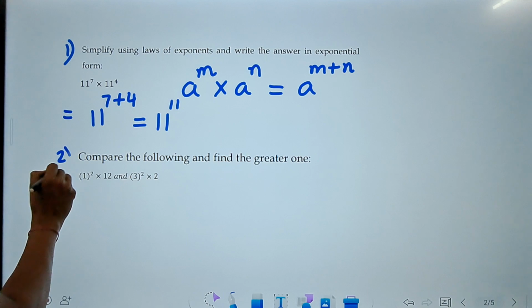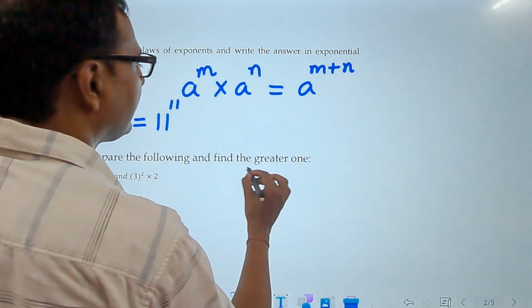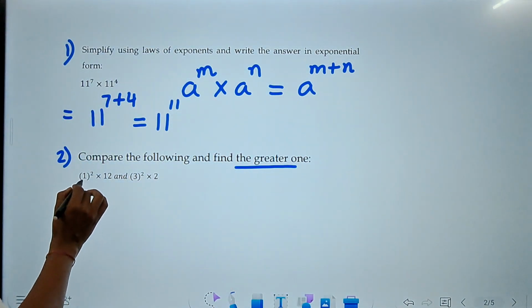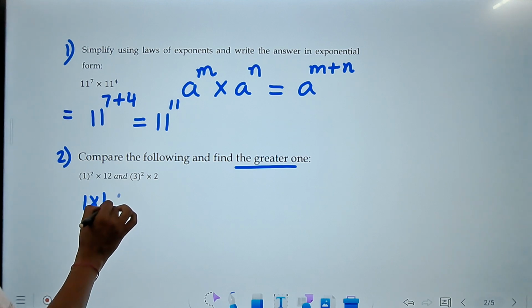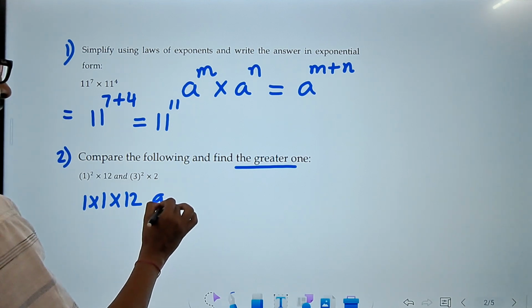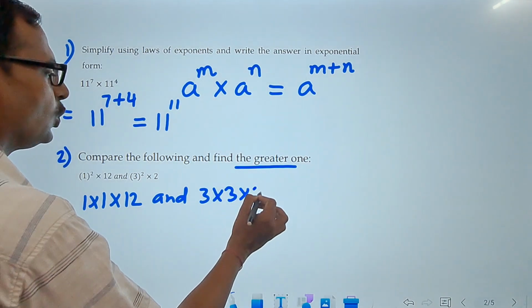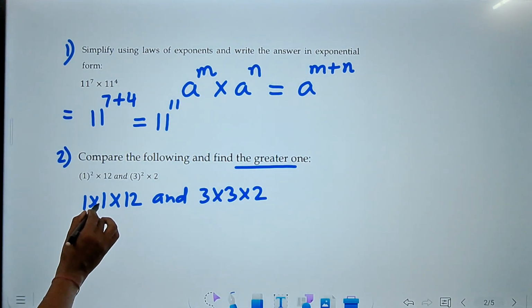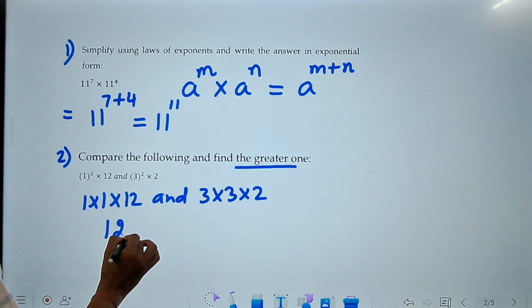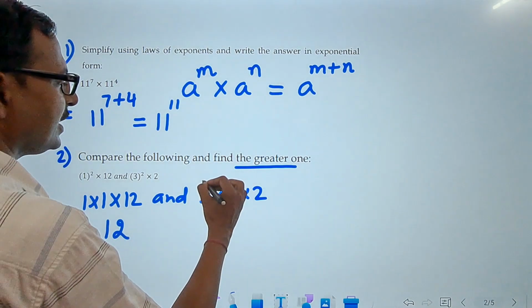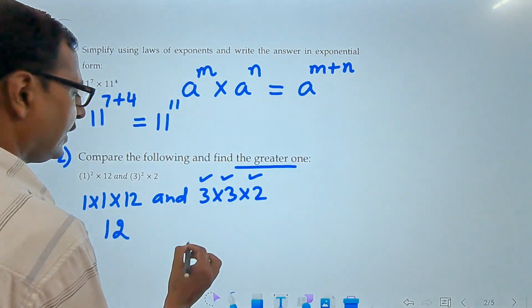Likewise, in question 2, you have to compare and find the greater one. So 1 square is 1 into 1 and then times 12, and the other one is 3 square, which is 3 into 3 times 2. So this is 1 into 1, 1 into 12 is 12. And what about this one? 3 3s are 9, 9 2s are 18.